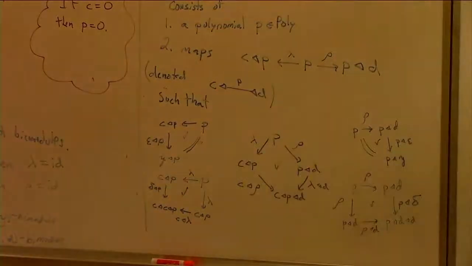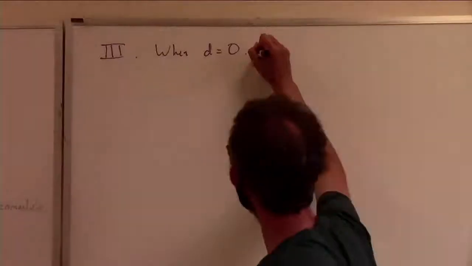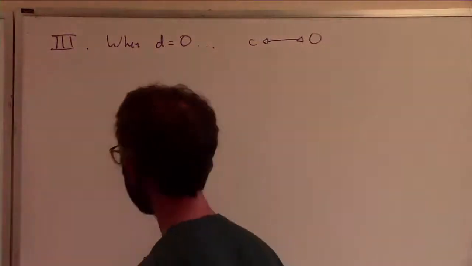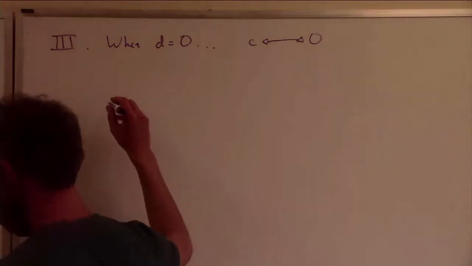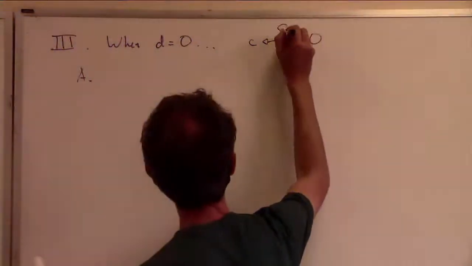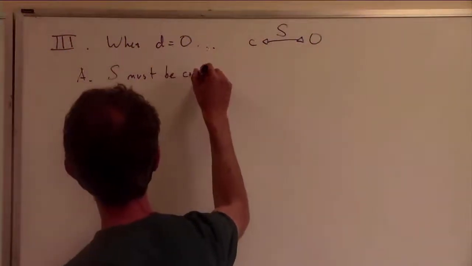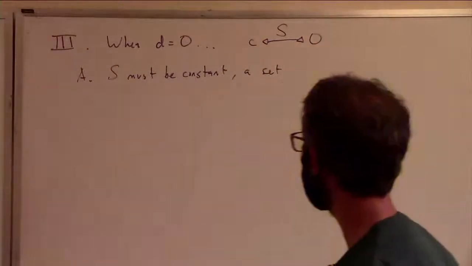But what if D is 0? That is not trivial. When D is 0, we're looking at this case. And what we get is something pretty interesting. So first, S must be constant. It must be a set, like 53,000 or whatever.